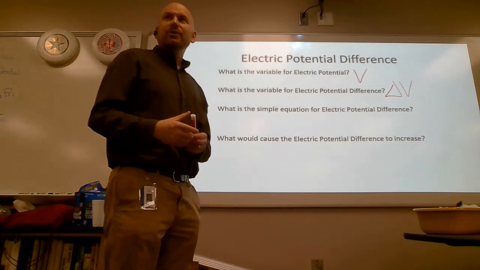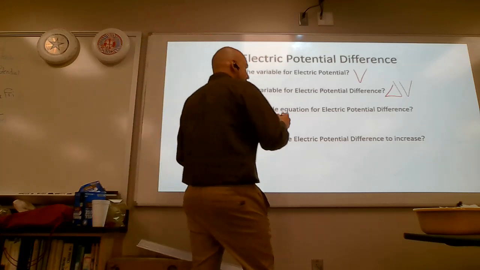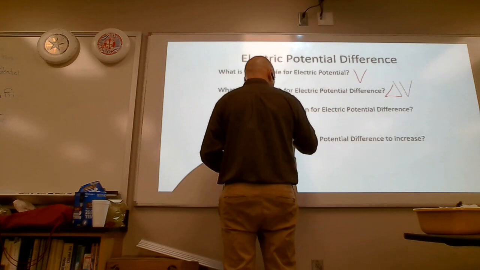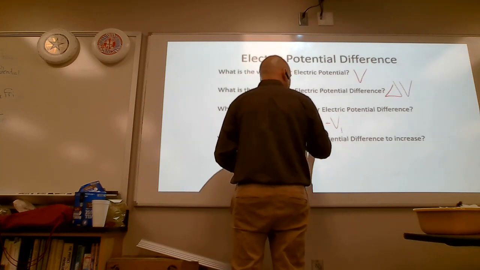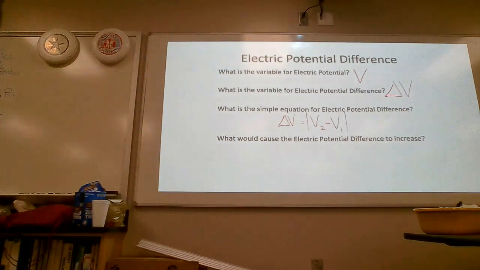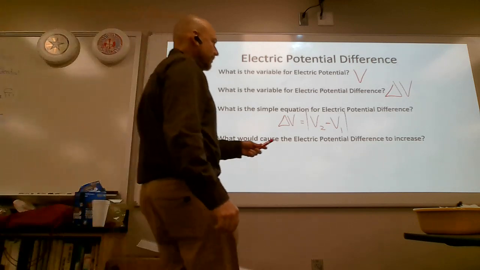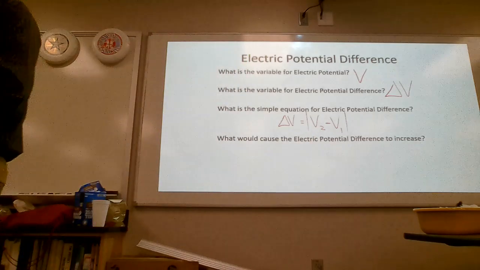You are subtracting things. You are finding the difference between two things. So electric potential difference is the difference in electric potential. Because we're just focused on electrons, I'm going to put the absolute value because I don't care about protons and stuff. It looks more complicated, but this is actually making your life easier. It's the difference in electric potential.